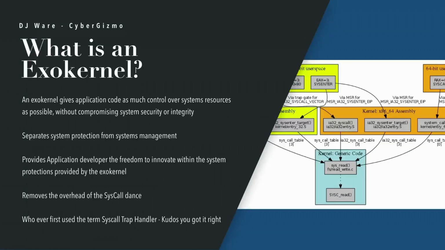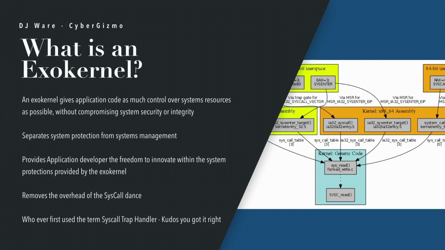So that's what exokernels were designed to solve. They give the application code as much control over system resources as possible without compromising the security or integrity of the system as a whole. Basically, you're separating system protection from system management.